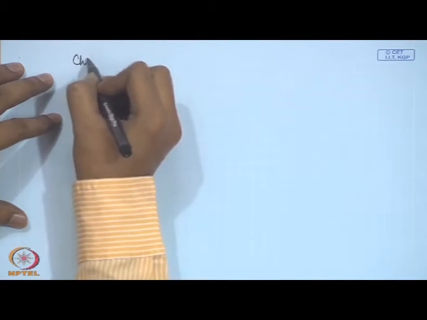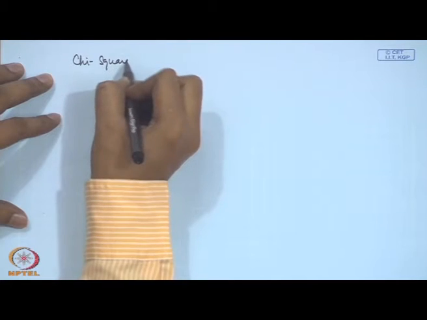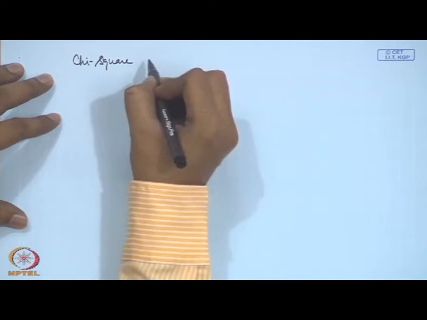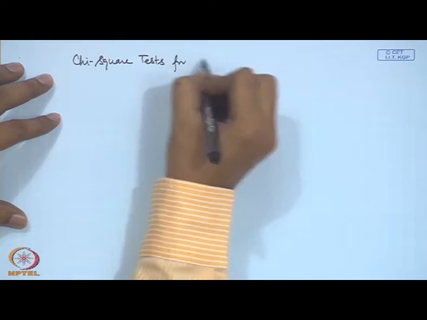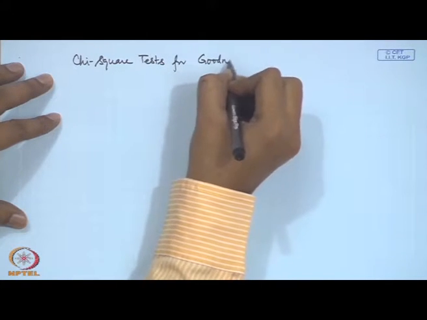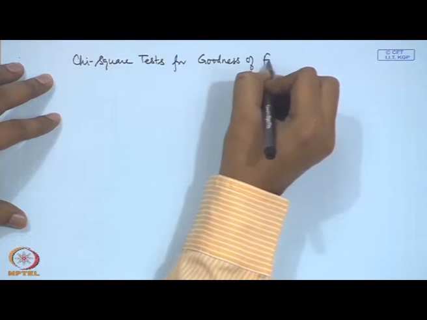So, this gives rise to a test called goodness of fit tests, and since asymptotic distributions are chi-square, the tests are based on that. So, we call them chi-square tests for goodness of fit.